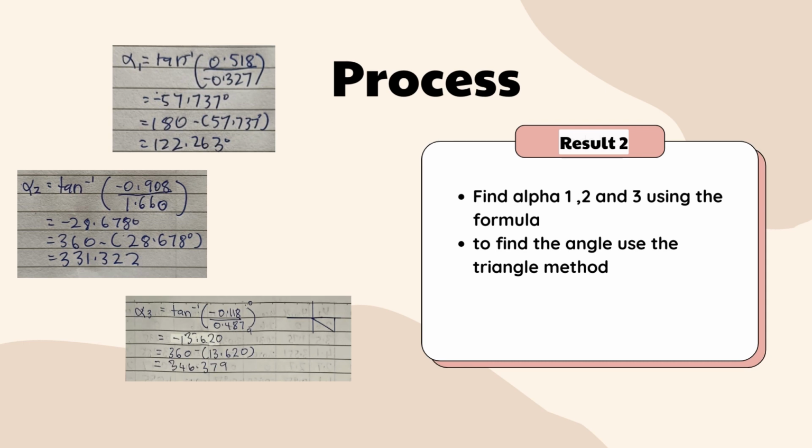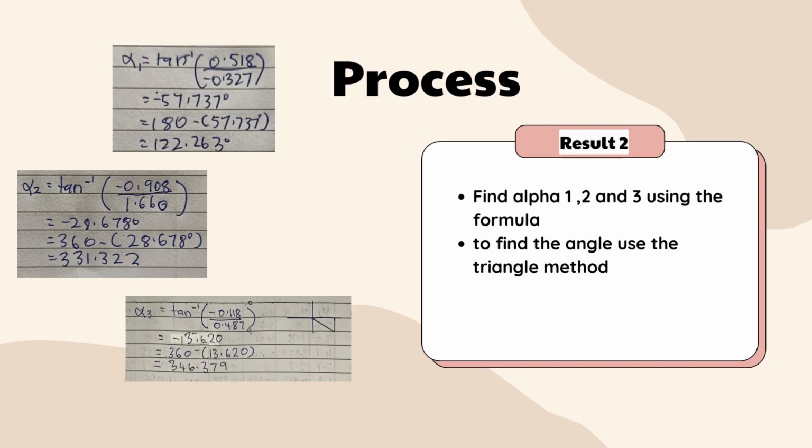But after you have found the answer, you cannot just straight away use it, as we need to use a triangle method to find the actual angle. For example here, in alpha 3, I have written O and A because of SOHCAHTOA. The O means opposite and A means adjacent.